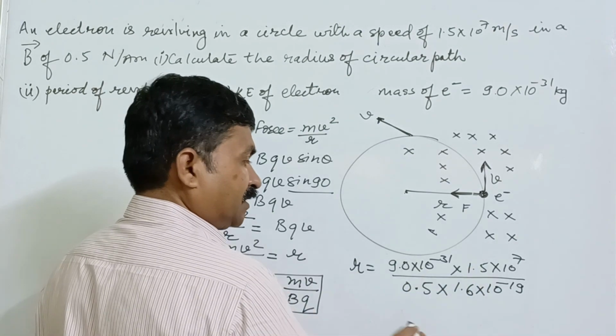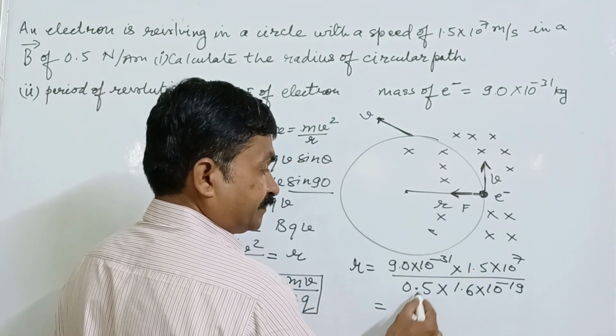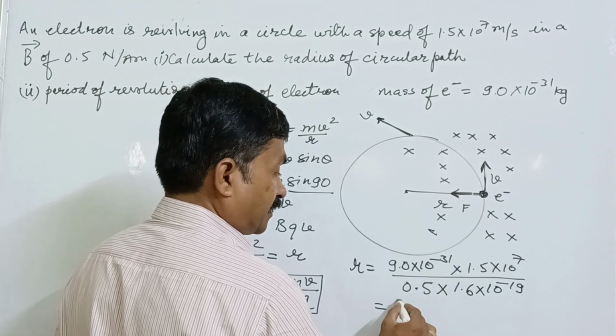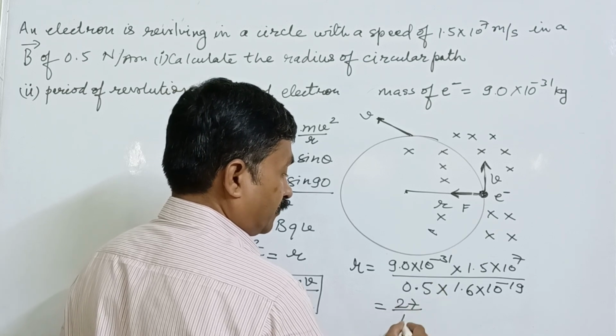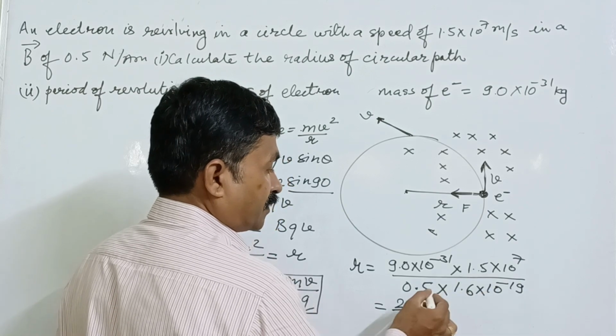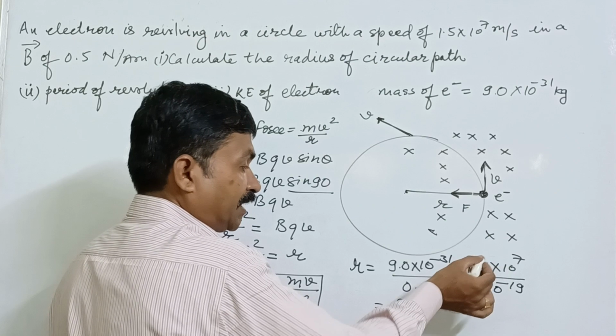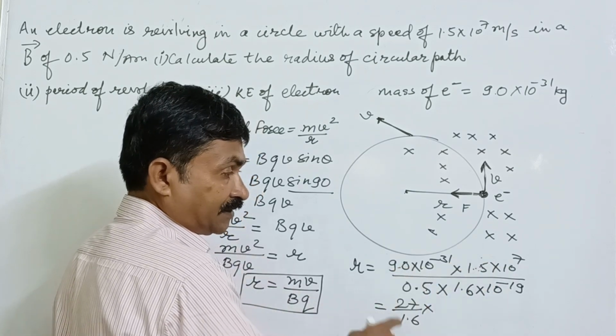So with the help of this, we can calculate. 9 3s are 27 upon 1.6, 1.5 cancelled by this 0.5 three times, 3, 9, 27.